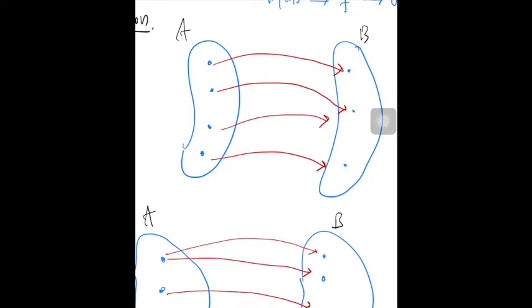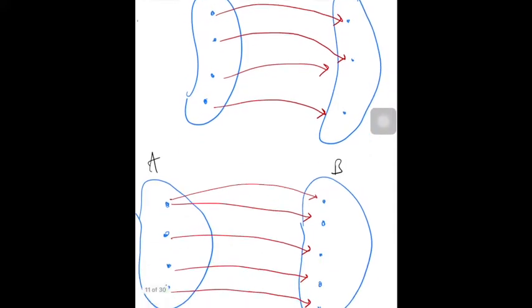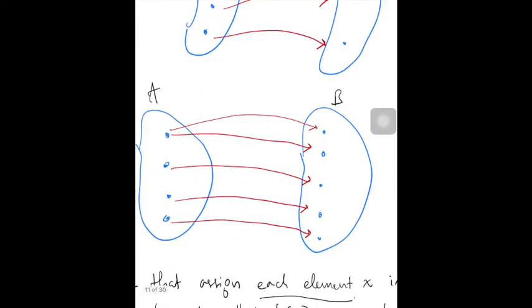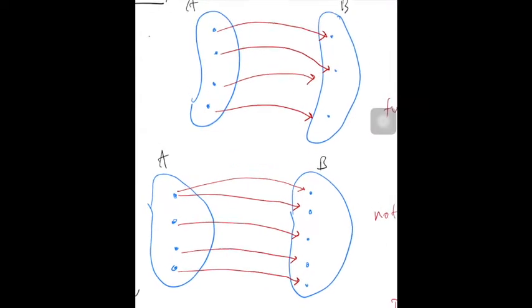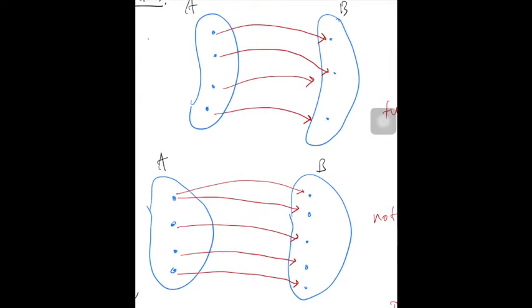Okay, so this is the first case, and this is the second case. Okay, as you can see, in the first case, there are two inputs from A going to the same direction in B, while in the second case, from one element in A goes into two elements in B.